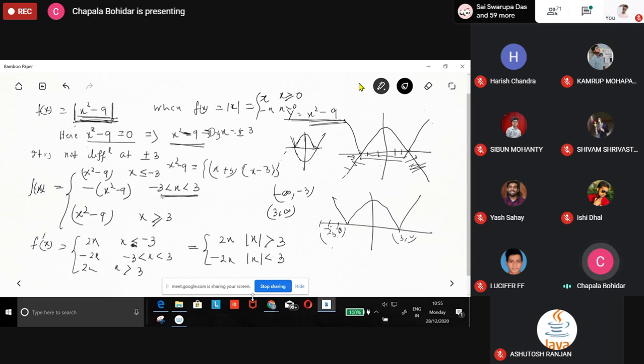Outside minus 3 and 3, all the values are positive.